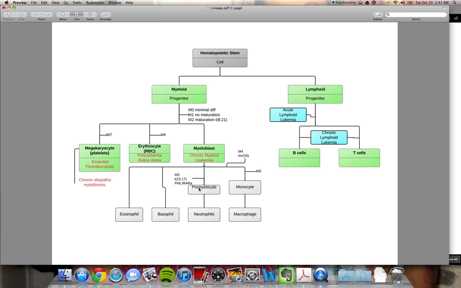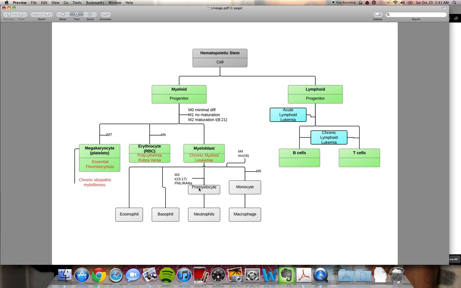What's the pathogenesis? The pathogenesis is on chromosome 15 and 17, you get a translocation. On chromosome 17, there's retinoic acid receptor alpha, which we could just call RARA, and on chromosome 15, there's a PML gene.